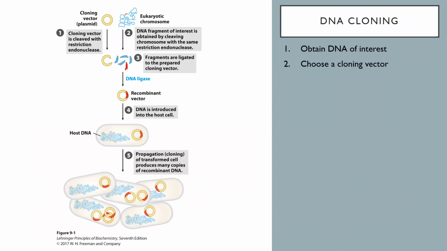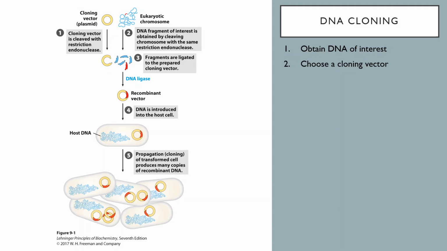Now the next step, once you've gotten your DNA of interest, if you want to clone it, you need to insert it into a cloning vector. A cloning vector is just another DNA sequence that has sequences that will allow it to be copied in the host organism that you're using to clone.